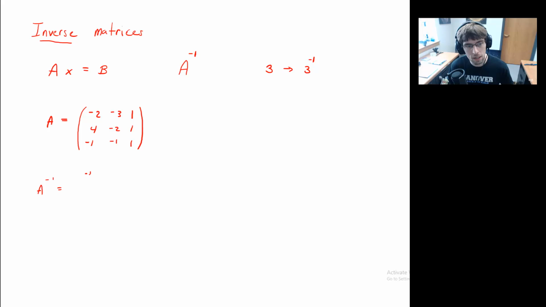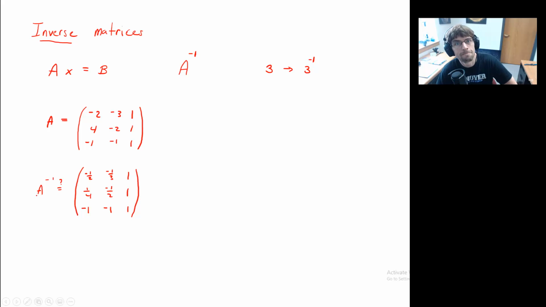In other words, can I write this as [-1/2, -1/3, 1; 1/4, -1/2, 1; -1, -1, 1]? Is that what the inverse of A is equal to? So here's the question I have for you. Can you think of a way of checking this?